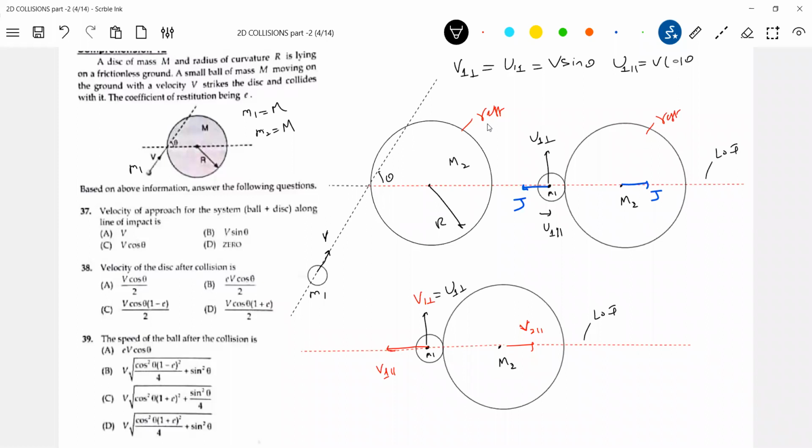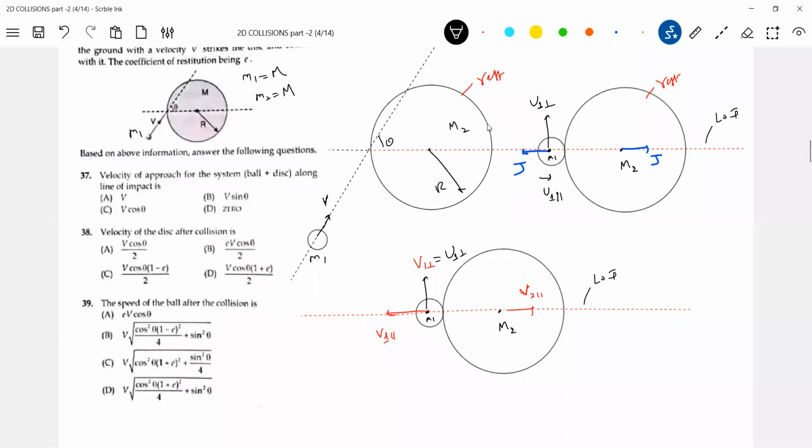Can we write any equation? I should apply conservation of momentum along the line of impact. Taking anything directed towards the right as positive, m1 u1 parallel should be equal to minus m1 v1 parallel plus m2 v2.